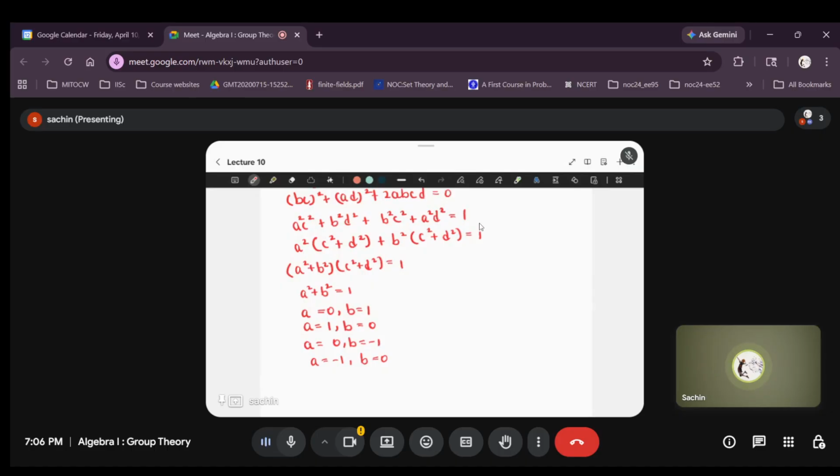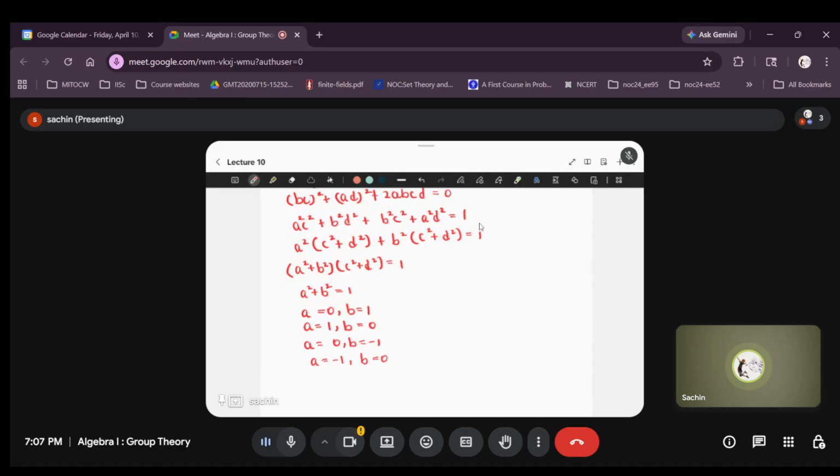But if you plug this in, if a is equal to 0, b is equal to 1, what is the number a plus ib? So these are simply 1, minus 1, I and minus I. So these are the only possibilities of a plus ib such that there exists a c plus id such that their product gives you 1.